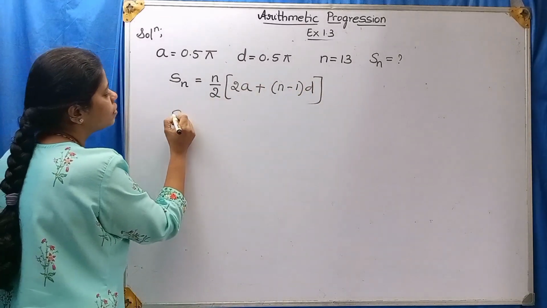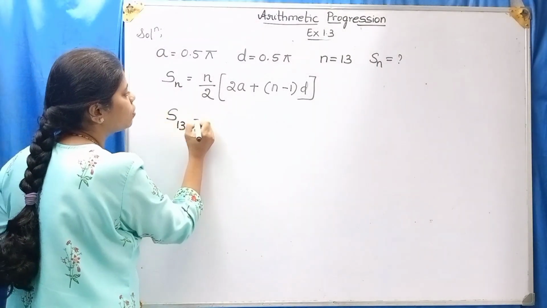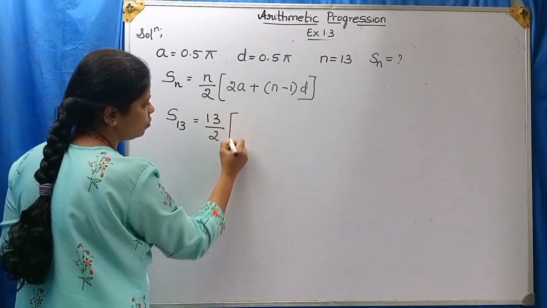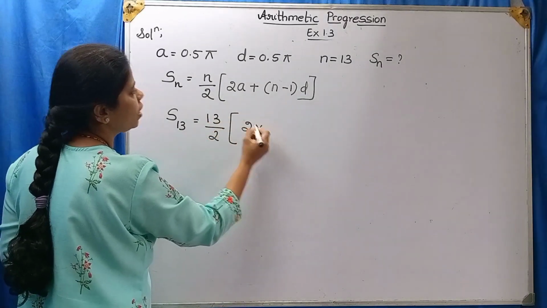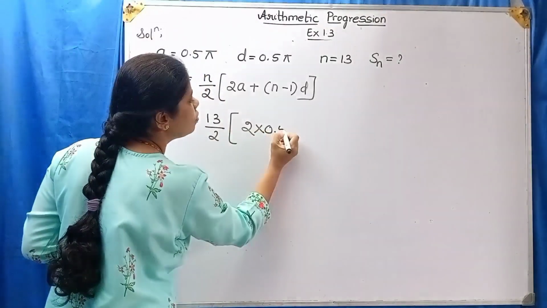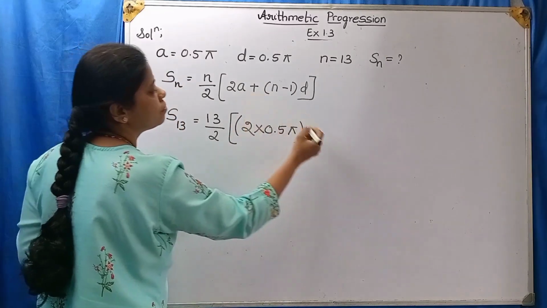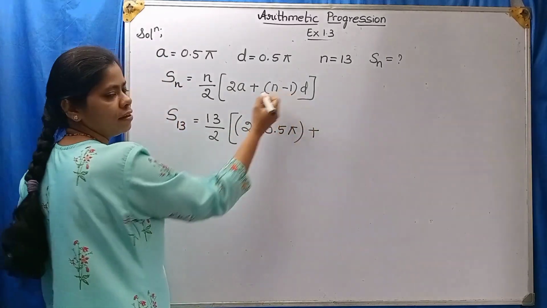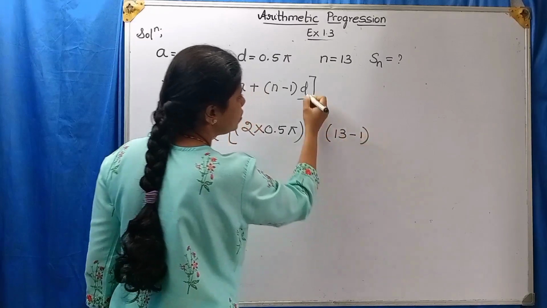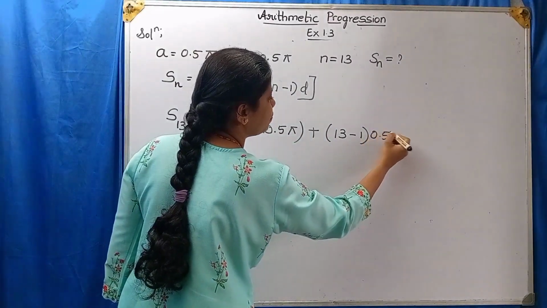Okay. The value of n is 13. That is, S13 is equal to 13 by 2 into 2 into a. The value of a is 0.5 pi, plus n minus 1. The value of n is 13, so 13 minus 1, into d. The value of d is 0.5 pi.